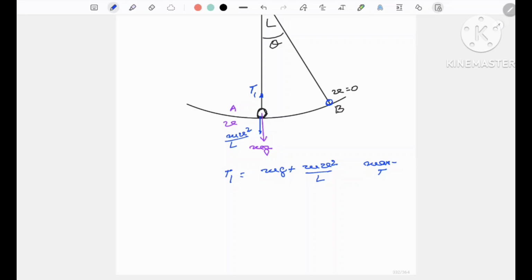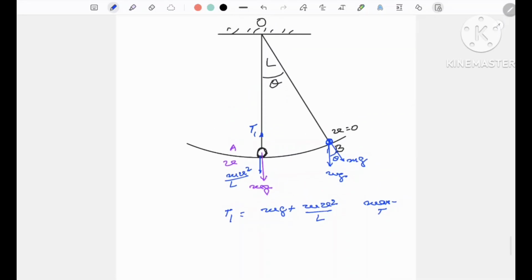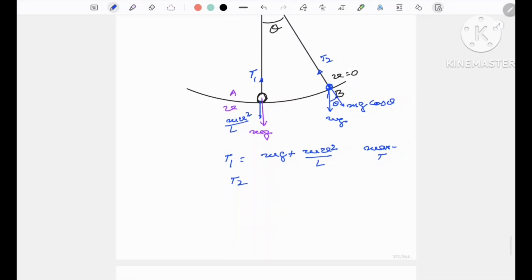Bob का weight will act vertically downward mg, and this angle is theta. Component of mg along OB is mg cos theta, and this is equal to tension T2. So T2 will be mg cos theta.